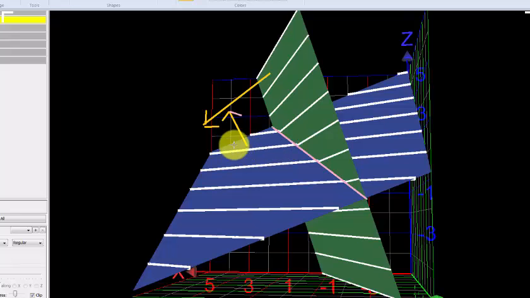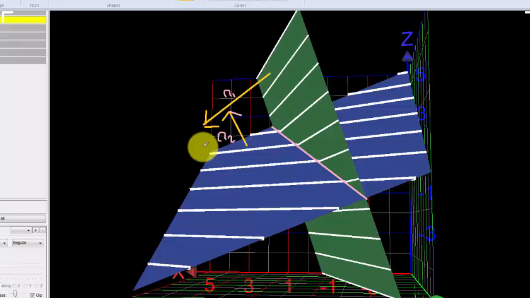Now, keeping that in mind, if I'm taking this vector here as n1 vector, and this is my n2 vector, I can just take the cross product of these two vectors, can I?